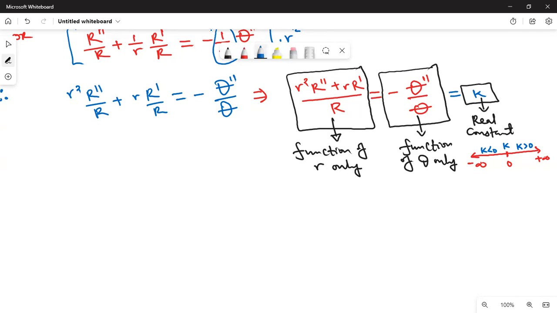So let's call this equation star. Now, case one is when k is positive. Usually when we are dealing with equations in rectangular or Cartesian coordinates, we always start with k negative.